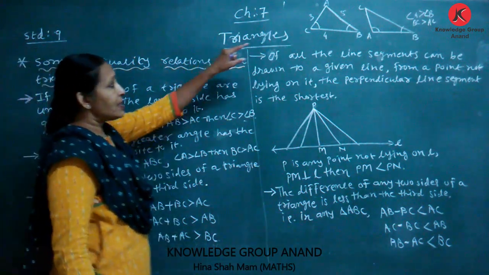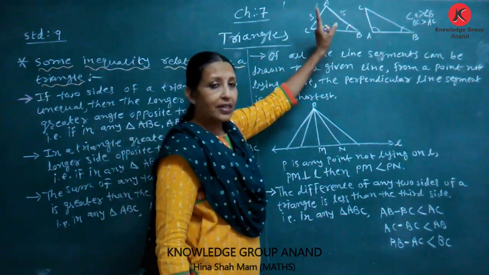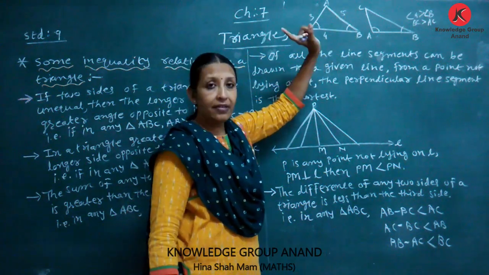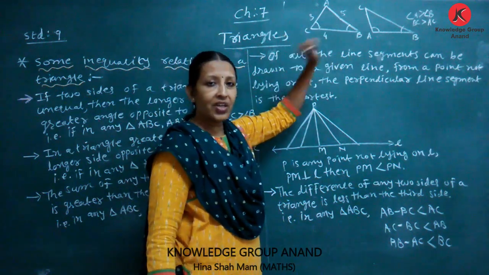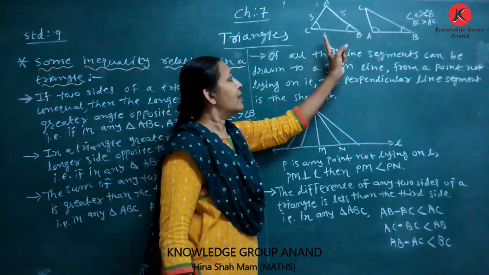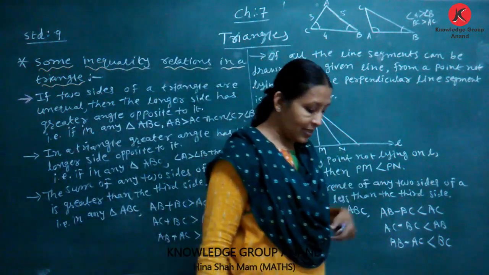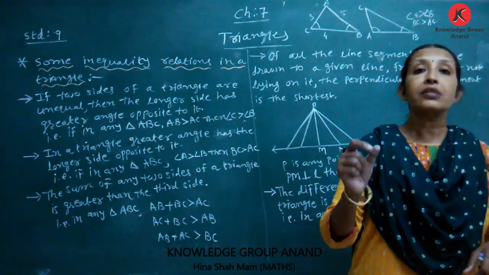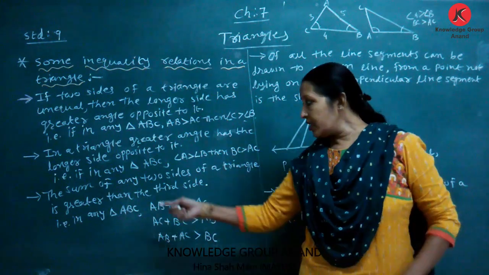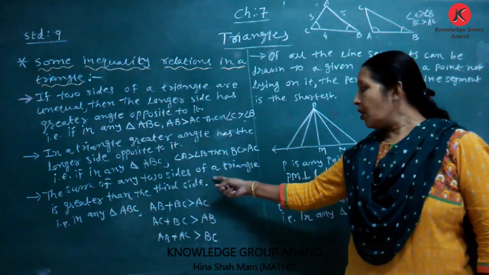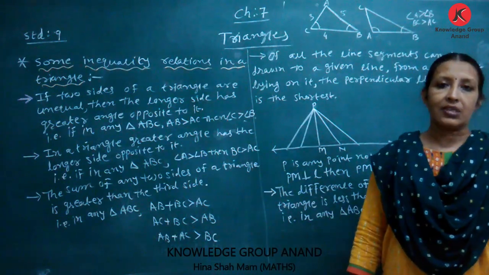Suppose the sides are 3, 4 and 5: 3 plus 4 is 7, and 7 is greater than 5. 5 plus 4 is 9, and 9 is greater than 3. 5 plus 3 is greater than 4. Therefore, in a triangle, the sum of any two sides is greater than the third side.